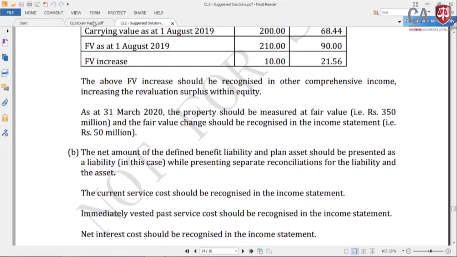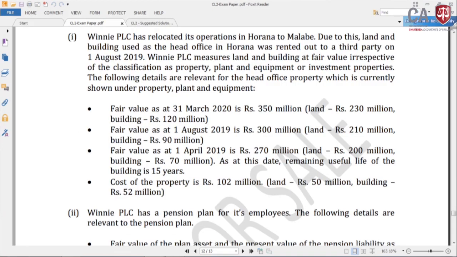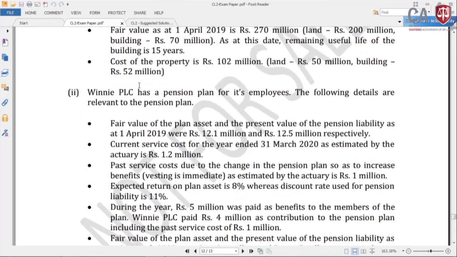Then the second part. Vinny PLC has a pension plan for its employees.